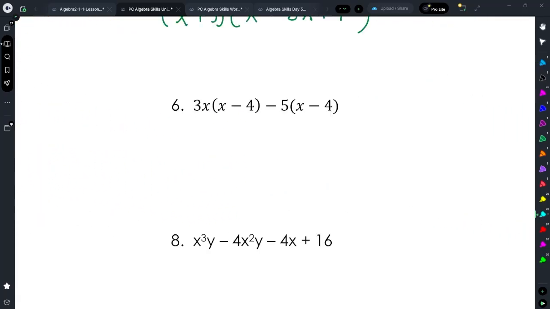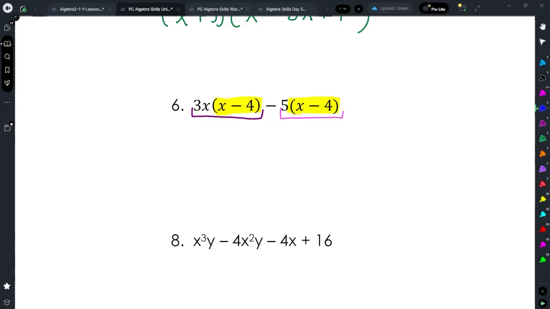All right, so number 6, we have 3x, and then in parentheses, x minus 4, then minus 5 times x minus 4. And you might be like, oh, let's just distribute everything, combine everything, and then go ahead and factor it. But what I want to point out is that we have this thing right here minus this other thing right here, and those two things have an x minus 4 binomial being multiplied to each of them.